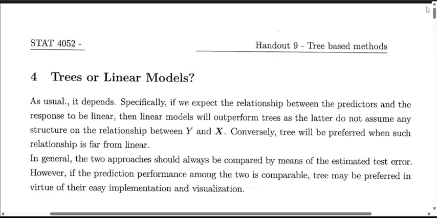That is the reason why, as I remember on Monday, I said we can also base our decision on test mean square error. But if you want to use test mean square error, you're going to use it through cross validation. With cross validation, the computation process will be complicated.